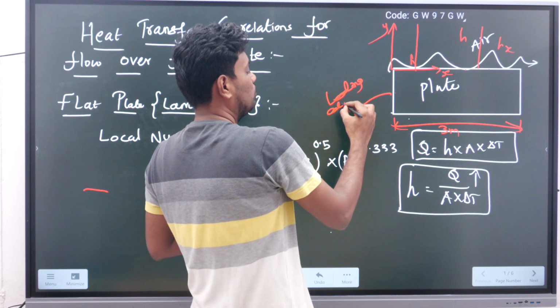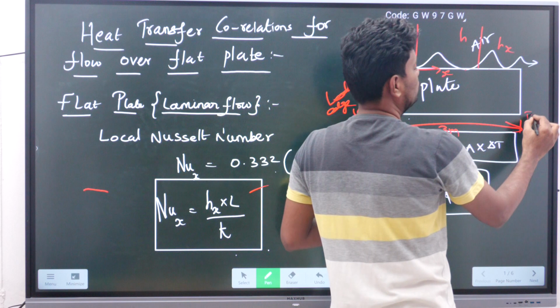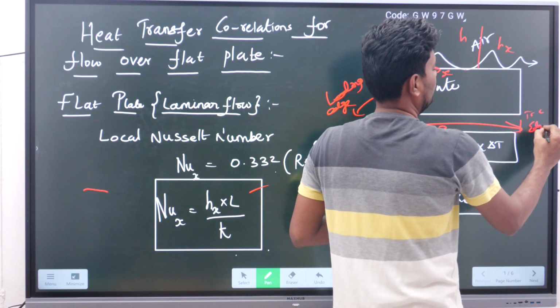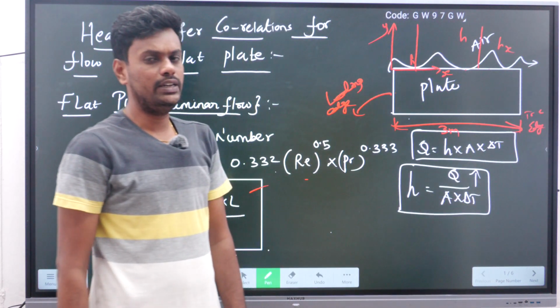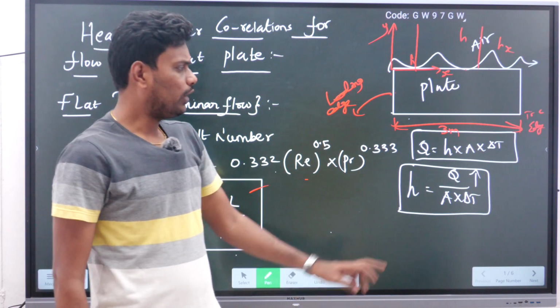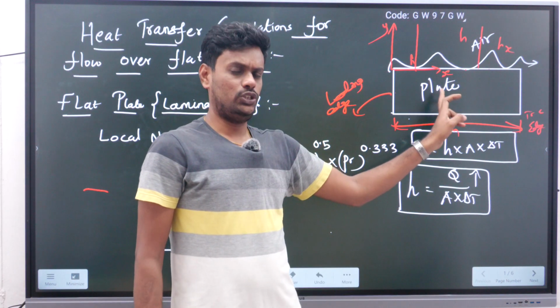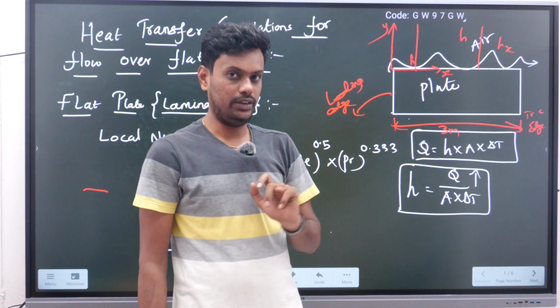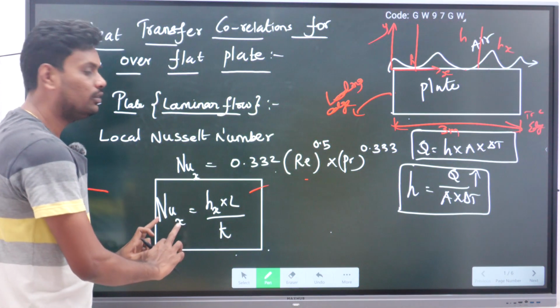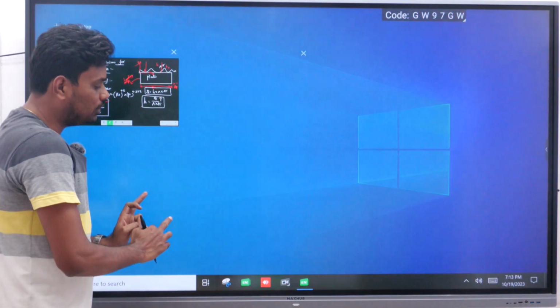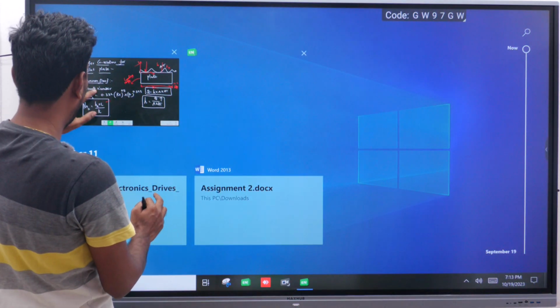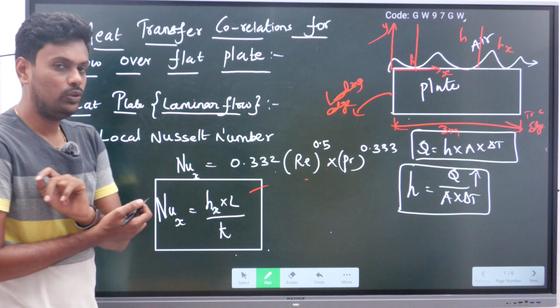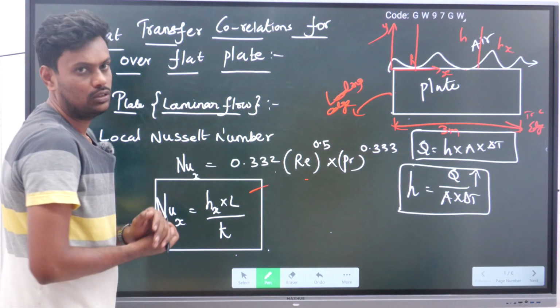This is the leading edge, this is the trailing edge. Suppose I want to know the heat transfer coefficient value 1 meter from the leading edge, then you have to find out the local heat transfer coefficient. The local heat transfer coefficient, that is hx, is available in this formula, hx into L by k. So you have to find out this equation.